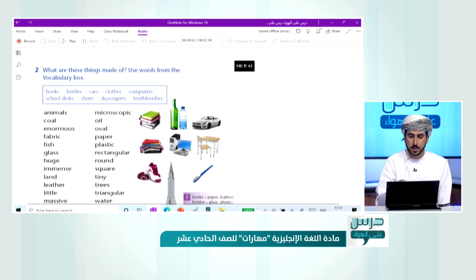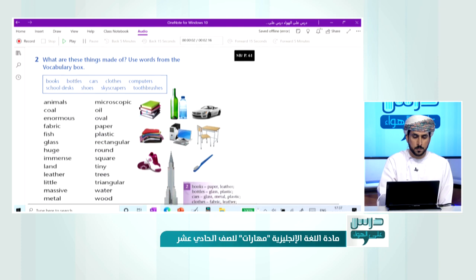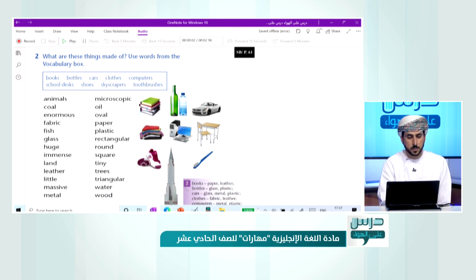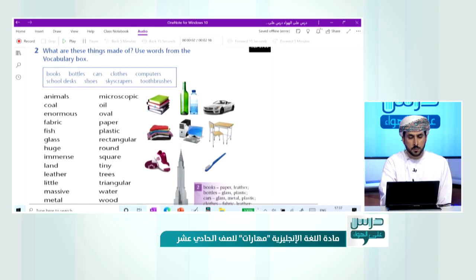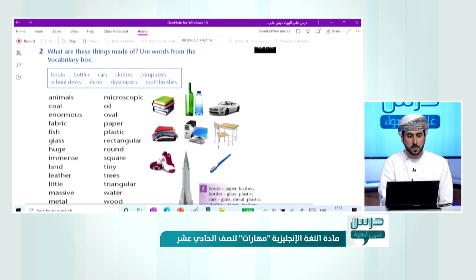Now open page 61, the same book. Let's read the question here. What are these things made of? Use words from the vocabulary box. This is the same vocabulary box that we discussed. Okay, so we have the words books, bottles, cars, clothes, computers, school desks, shoes, skyscrapers, and toothbrushes.